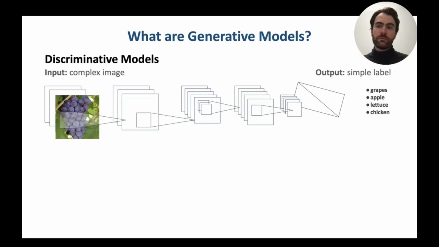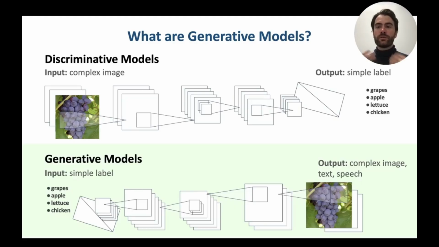Typically, a discriminative model would take the high-dimensional data as a fixed input, and it would then process that data point to output something simple, such as a class label or perhaps a small, low-dimensional number, perhaps just a scalar that would correspond to a regression problem. But the key point here is that in a discriminative model, the high-dimensional data is only a fixed input.